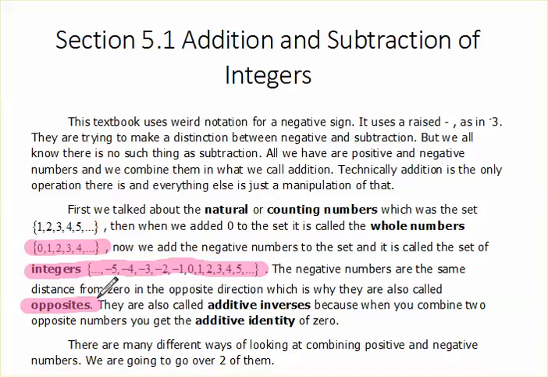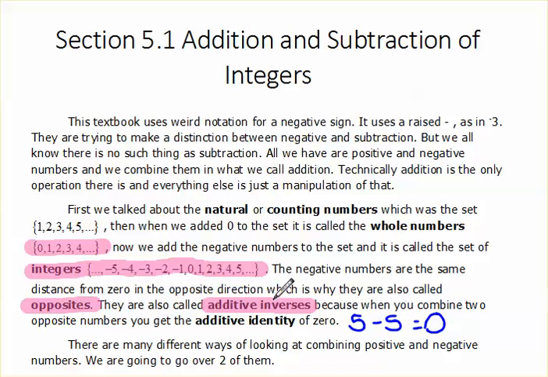They're also called additive inverses because when you combine two opposite numbers, you end up getting 0. For instance, if I were to say 5 and -5, we all know that to be 0. We've been doing that for years, right? That's because we have 5 and its opposite, which is -5, and since they are the same distance away from 0, they basically cancel each other out.